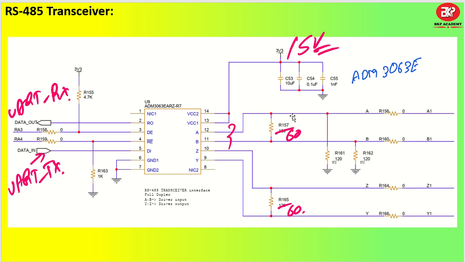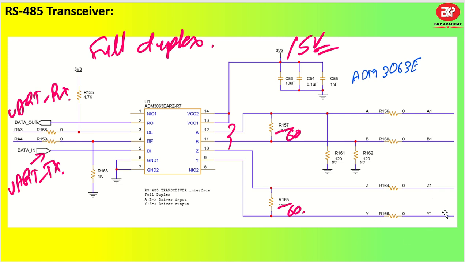Now this is going to go as receiver input, this is the non-inverting receiver input, this is the inverting receiver input. So A1 and B1 will get connected to the receiver inputs of our D-sub 9 connector. Similarly, Y and Z will be the driver outputs for this full duplex transceiver.